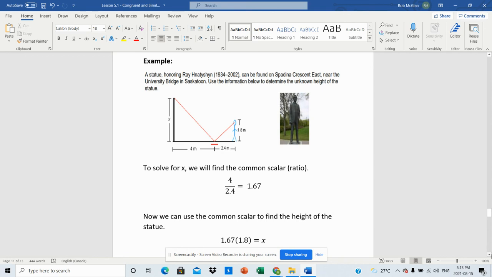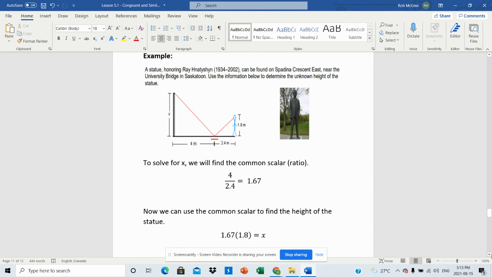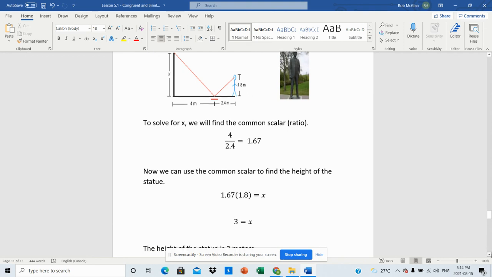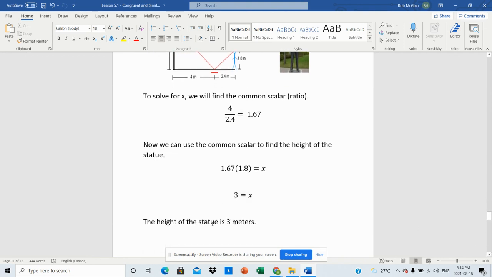So in this case, 1.67 times 1.8 is going to equal x. Put that into our calculators, and we're going to find out that x is 3. And if you notice here, our units of measure are m for meters. So the height of the statue is 3 meters.